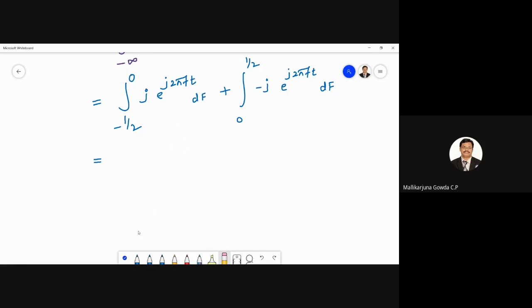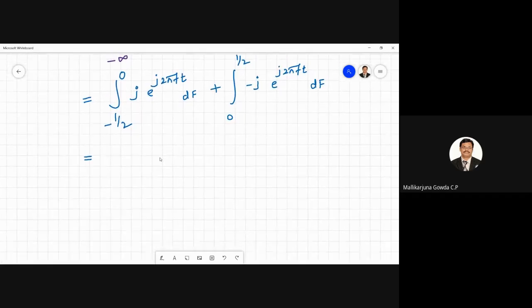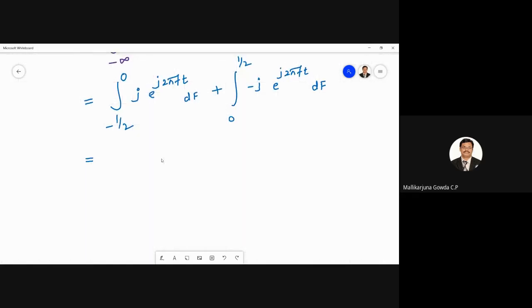Quickly, anyone can say, how do we simplify? What is the integration of e power x into dx? I will leave it to you. I expect you to tell the answer in the next class.